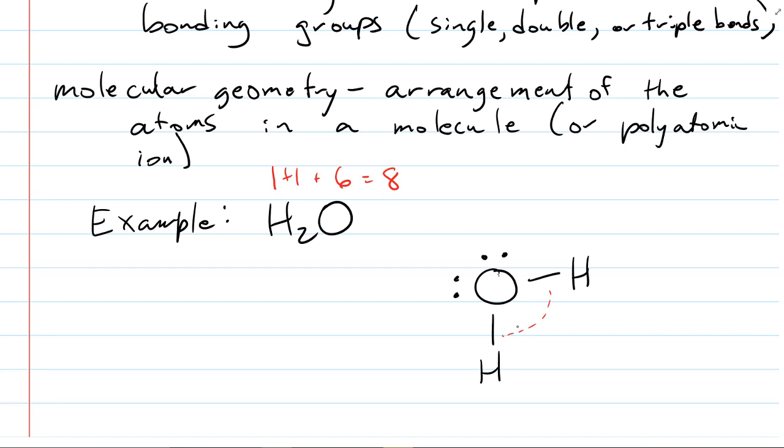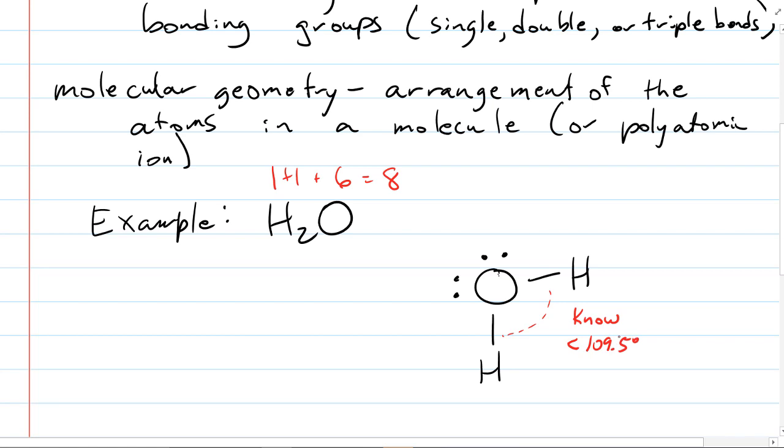That means it's going to do what to this other bond angle? It's going to go ahead and squeeze the gap a little bit. It's going to squeeze them together, and as a result, this bond angle is going to squeeze down to be something less than 109.5. So, what you need to know here is that this angle is less than 109.5 degrees.